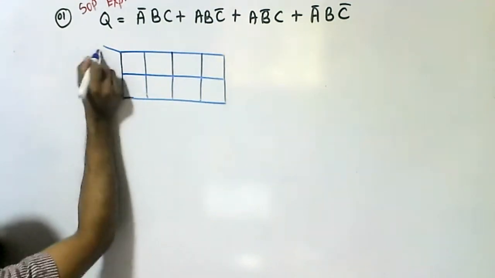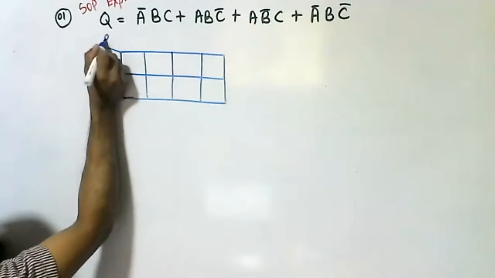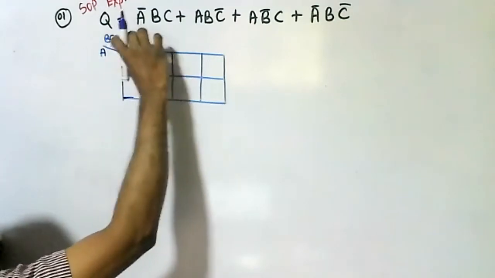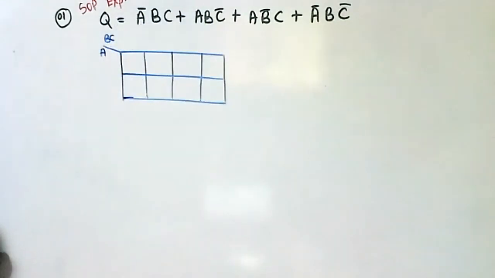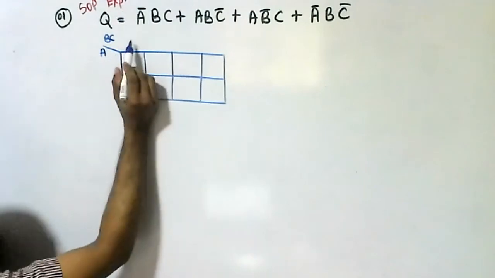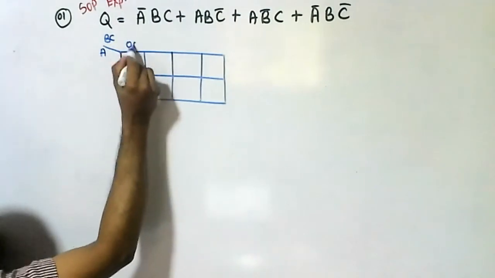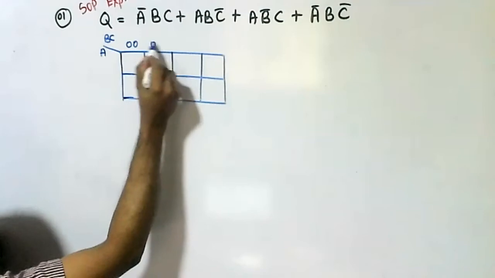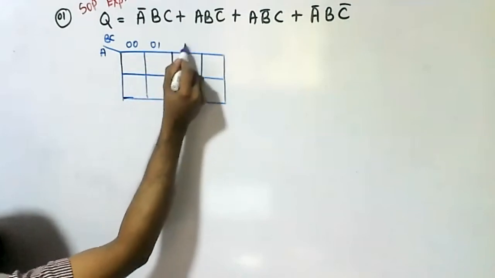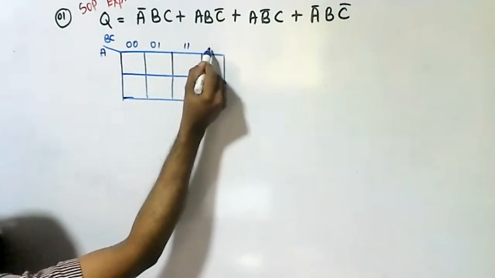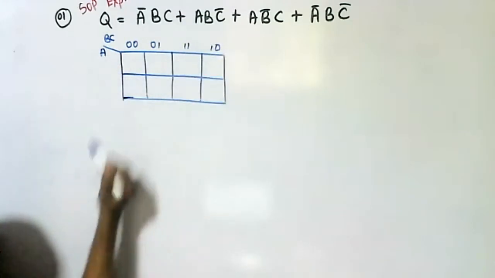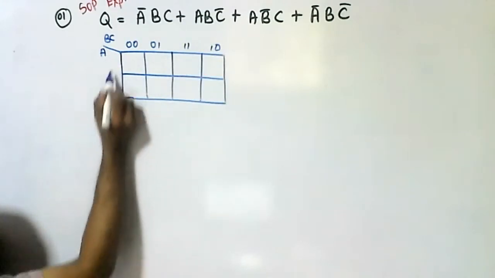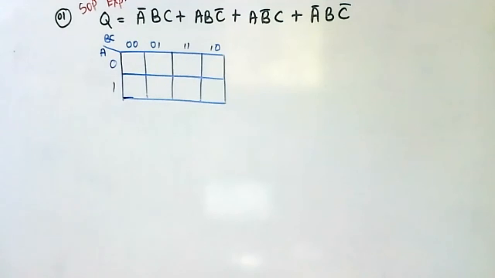A, and B, C. Can you tell me the column headers and the row headers in order? 00, 01, 11, 10. Good. Row headers? 0 and 1. Right.